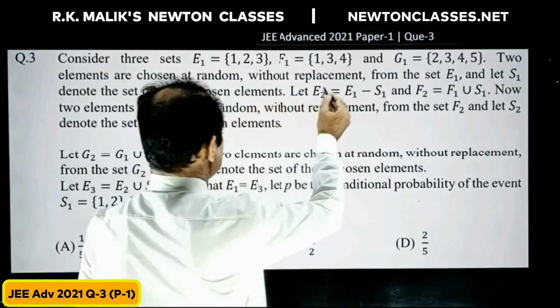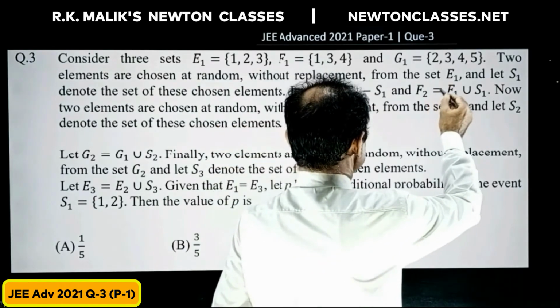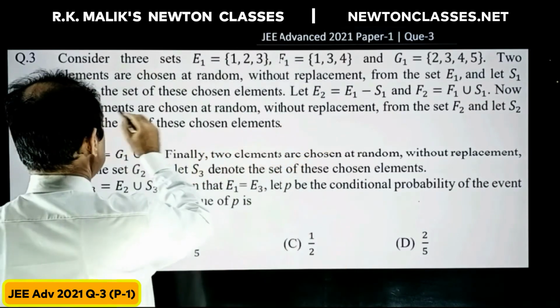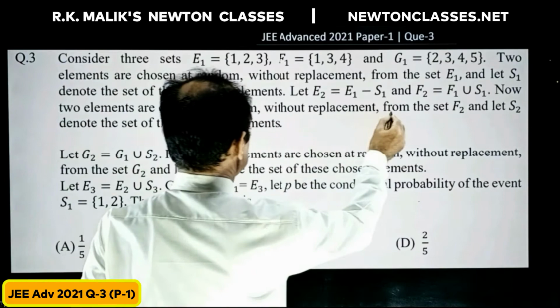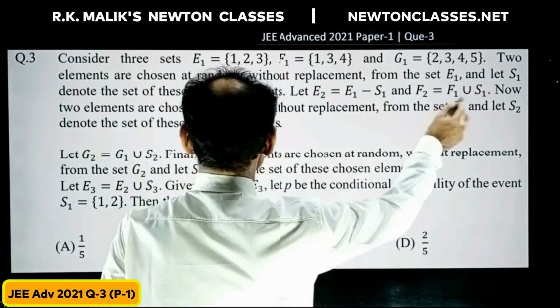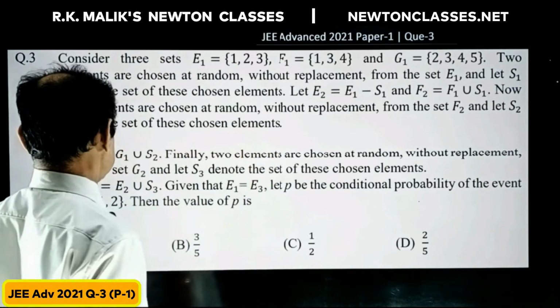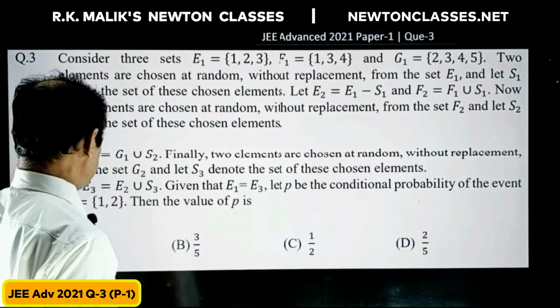Let E2 equal to E1 minus S1 and F2 equal to F1 union S1. Now, two elements are chosen at random without replacement from the set F2 and let S2 denote the set of these chosen elements. Let G2 equal to G1 union S2.